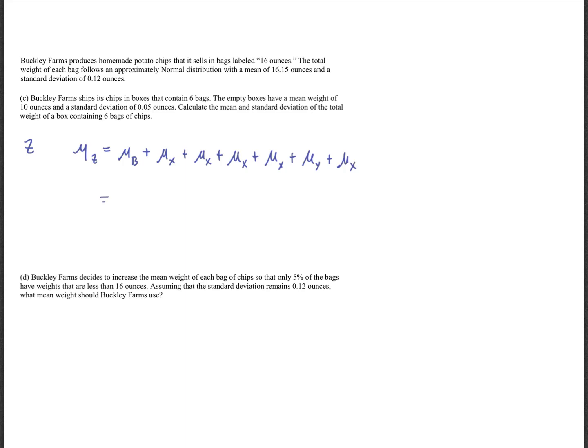Yeah. Okay, so that's really just the mean of the box, which was 10, plus 6 times the mean of the bags of chips, which was 16.15. Okay, if we do this in the calculator, this ends up being 106.9. And this is ounces.